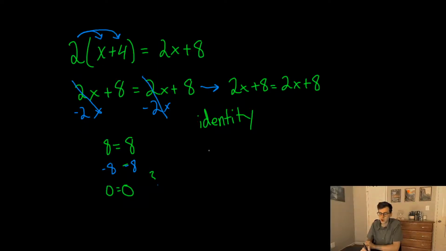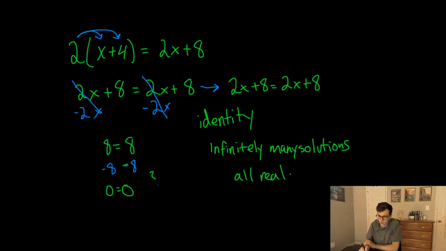So then we would say our solution, if you're looking for what I would put as the answer, is that there are infinitely many solutions. You might see this as the solution is all real numbers.